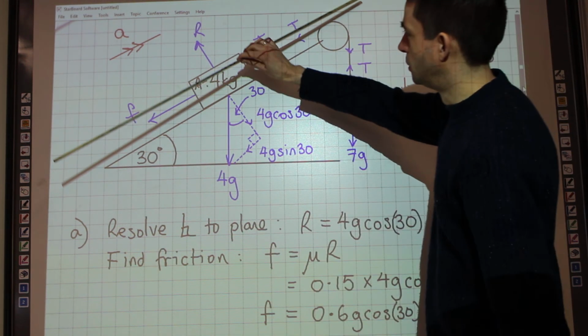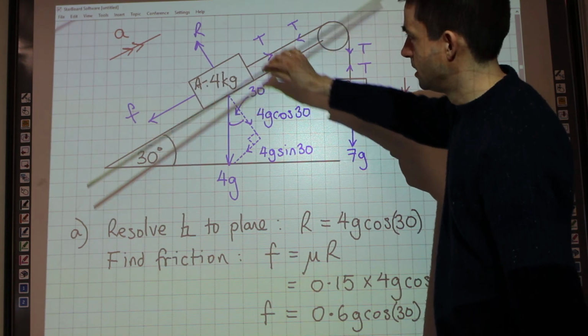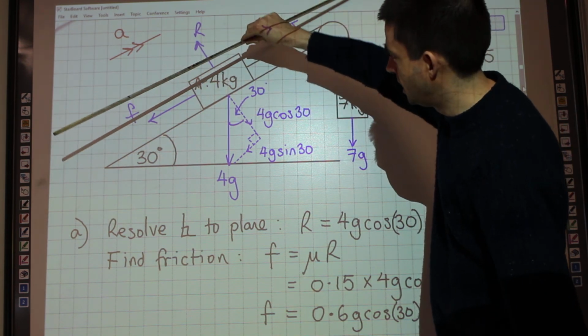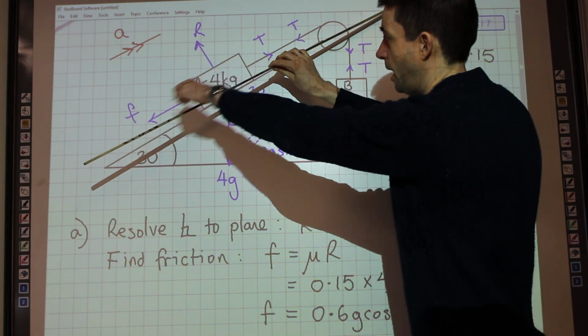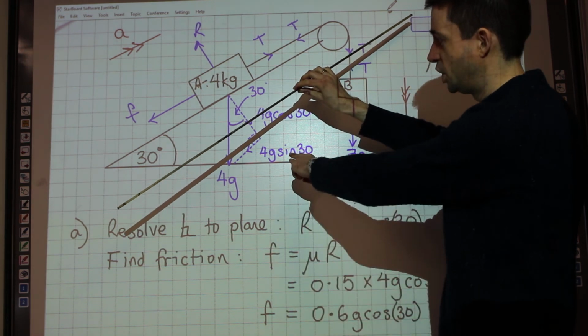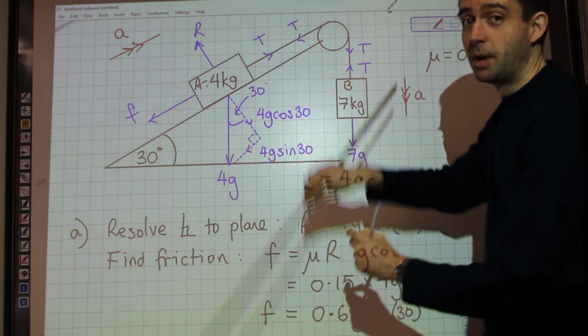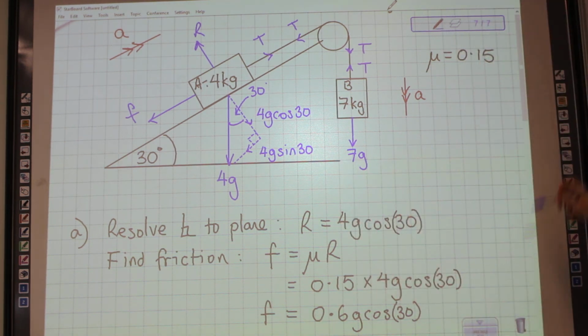I'm now going to look at all the forces acting parallel that are acting on A. So as I slide down here, you can see you've got T, which is acting up, F, which is acting down, and sliding down, look, 4g sine 30. That's the weight component down the slope. That's the one that everybody always forgets.